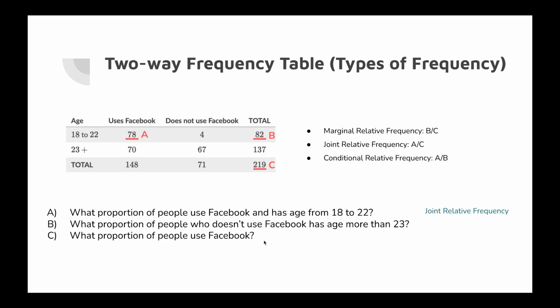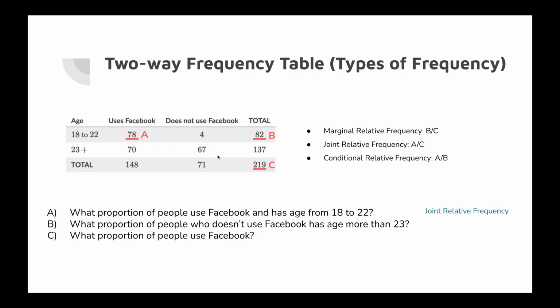So the population of this entire sentence should be people who don't use Facebook. People who don't use Facebook, we have 71 people, and the sample or the numerator should be people with age more than 23 in that population, which is 67.